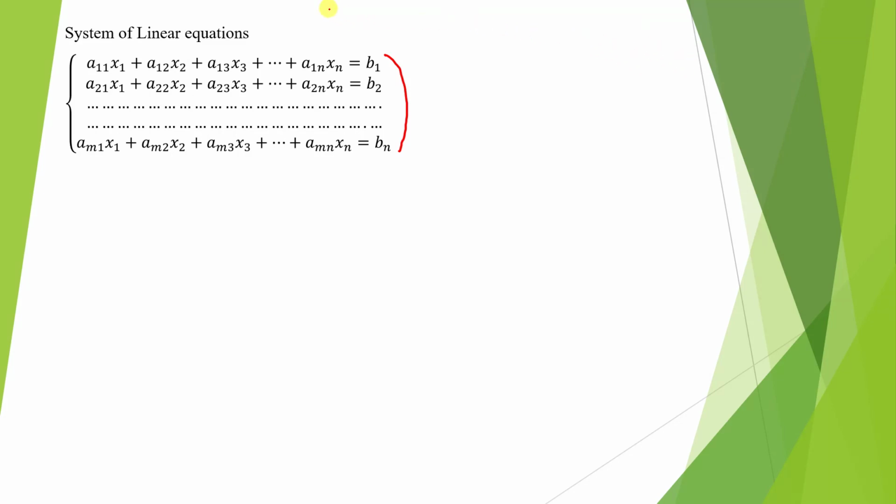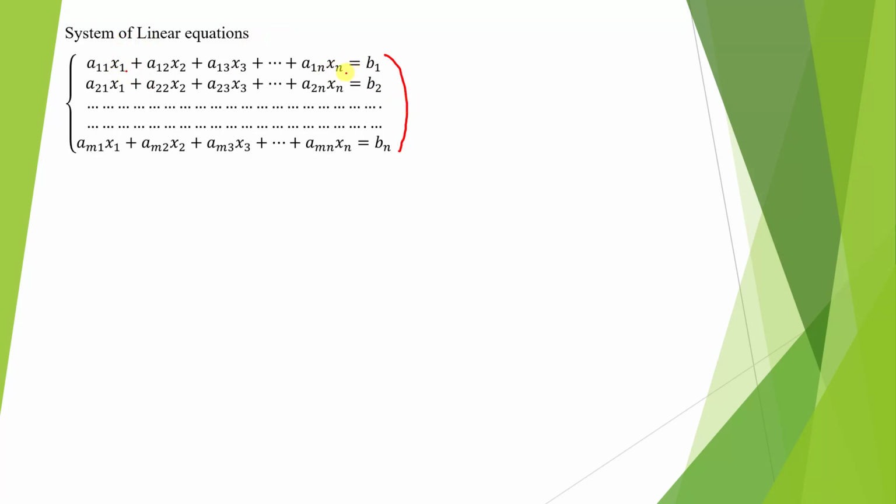This system has equation 1, equation 2, up to equation m. So we can write that it has m equations, or m linear equations, with variables from x1 to xn.